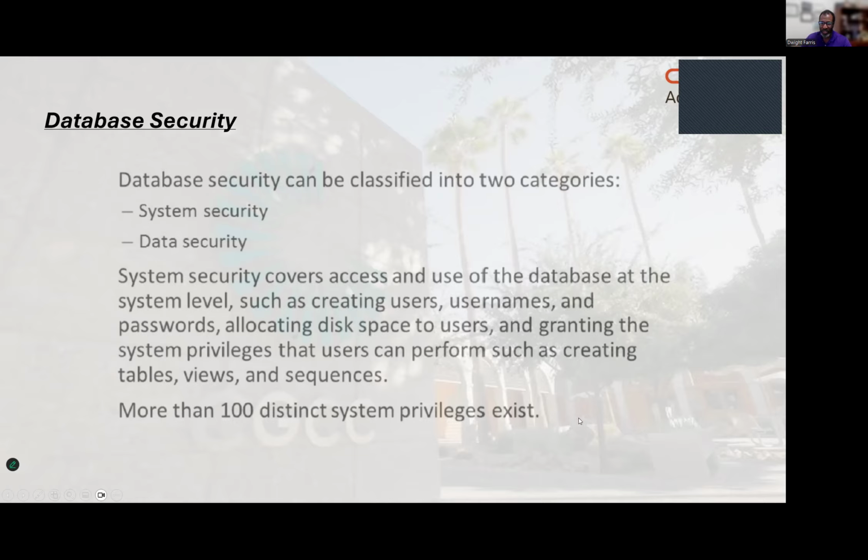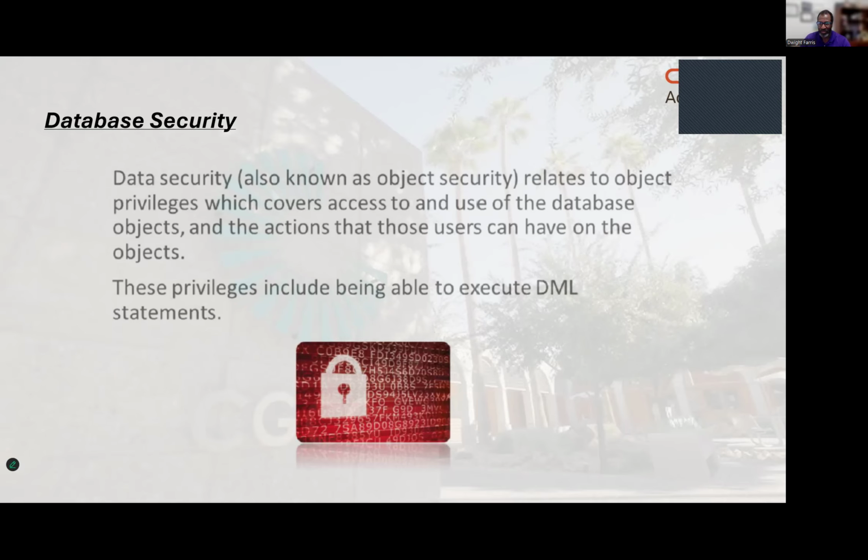Just know that it's a large number, and generally there's a special person with those admin privileges who can modify those. All right, data security or database security, also known as object security, relates to objects, and objects in your database. We talked about objects: tables, sequences, synonyms, or not synonyms, but what other objects do we have?